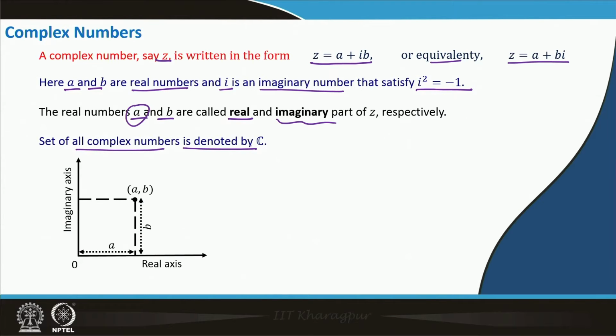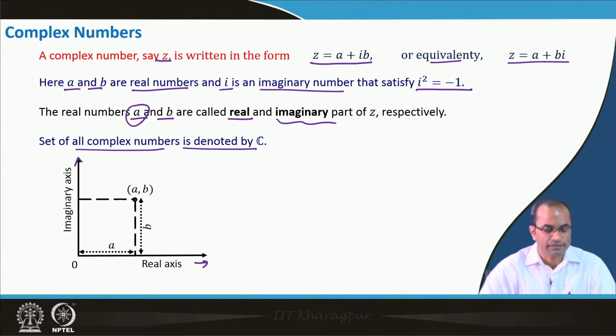And just to show this geometrically, there are two ways. One we can think of as a point in this two-dimensional plane. Here we call this the real axis, and this y axis we will call the imaginary axis.